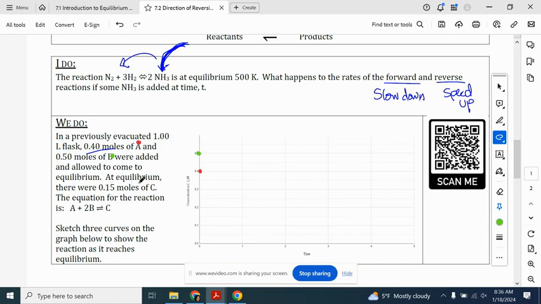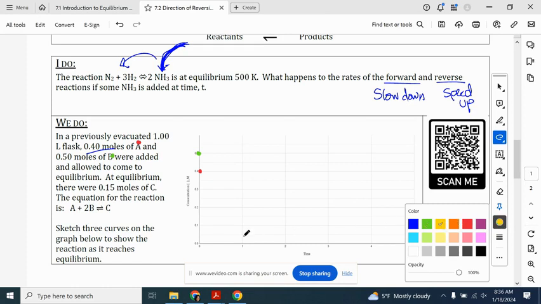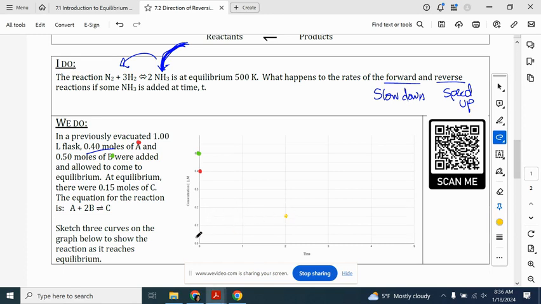And it comes to equilibrium. At equilibrium, there were 0.15 moles of C. C was this yellow color, so 0.15 would be right here. So at equilibrium, we're going to be here for C. I can draw that, but I've got to figure out how much of these were used up to get there.